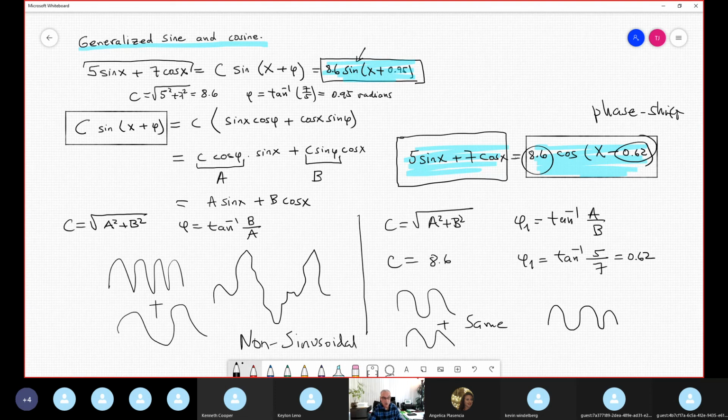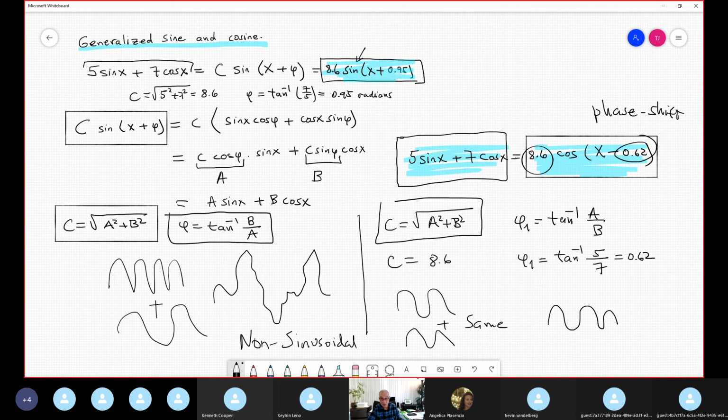Let me enclose in the box this formula for the sine. This formula, by the way, is the same, but change phi 1 and cosine. And cosine is minus, and sine is positive. End of story.